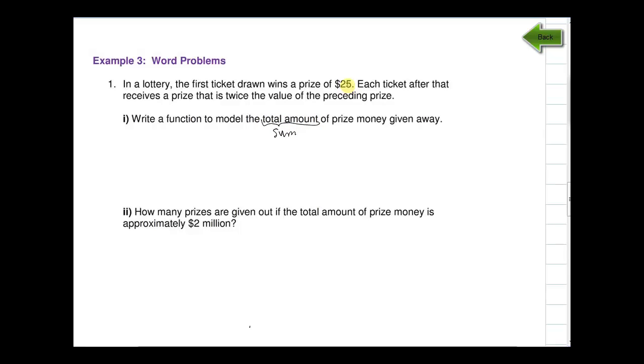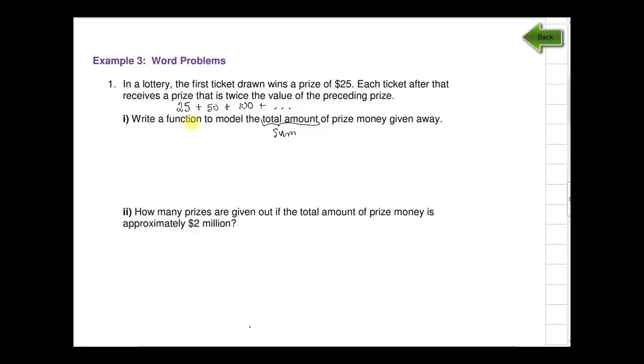So let's write the series for this. We start with the first prize of $25, and then each ticket after that will receive a prize that is twice that value. So twice 25 is 50, twice 50 is 100, and so we can keep building it by multiplying by 2.